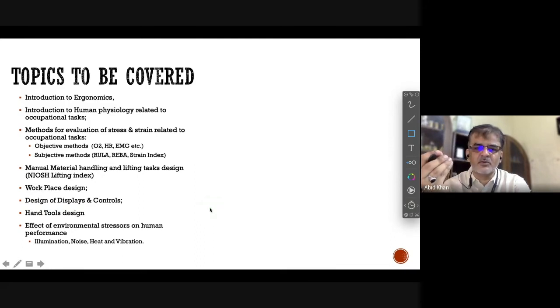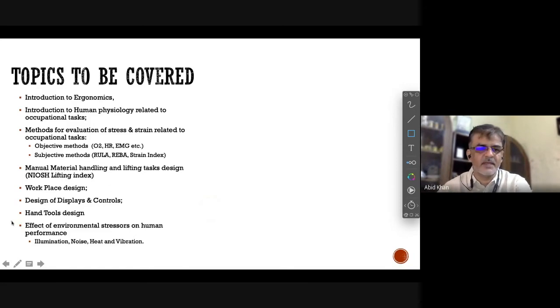Numbness comes over there. Whiteness comes over there with respect to the cold weather, or their sensing ability goes down. So these are problems with respect to the hand tool design.